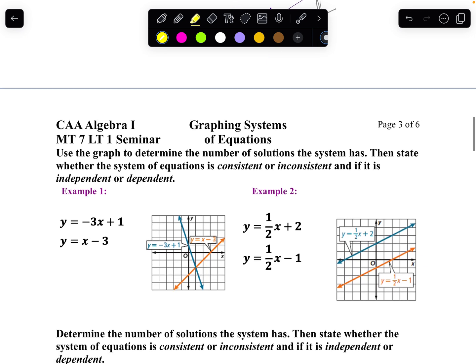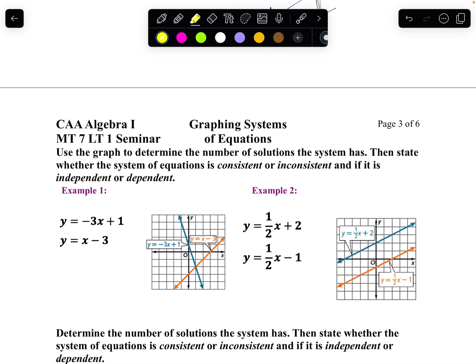Now let's take a look at a problem. I just want to know if it's consistent or inconsistent, if it's independent or dependent. If we look at the first one, notice it has an answer, so it's consistent. We have 2 different lines, so it's independent.